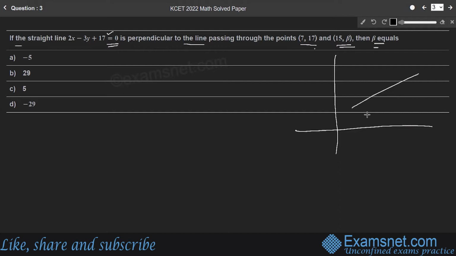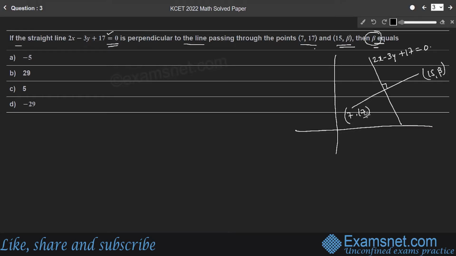Here one line is 2x minus 3y plus 17 is equal to 0, whereas the second line passes through the points 7, 17 and 15, beta. We have to find the value of beta, right?